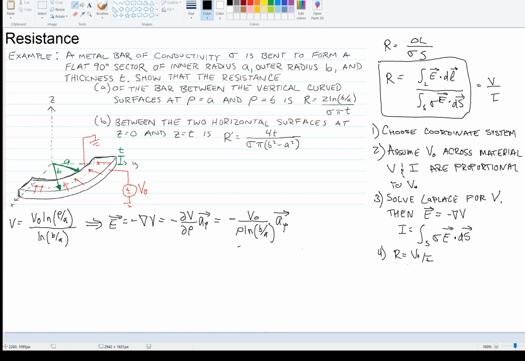Now let's get the current going again, step by step here. I guess we're still on step 3. The current is the surface integral of the current density, which is sigma E dot ds. Right. All right. So let's pull out all the constants.